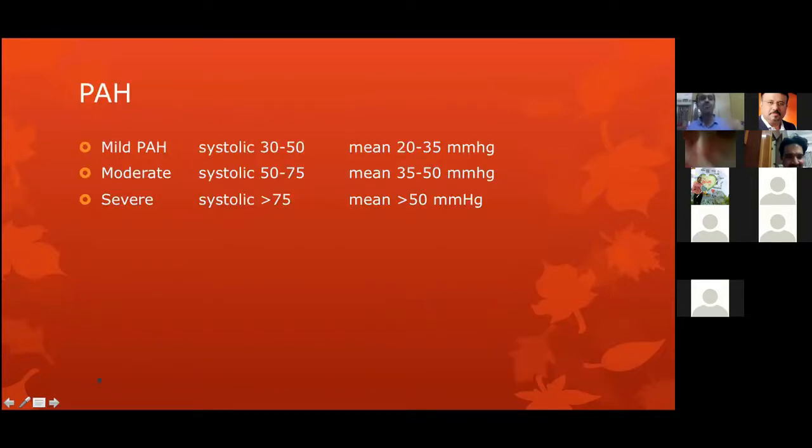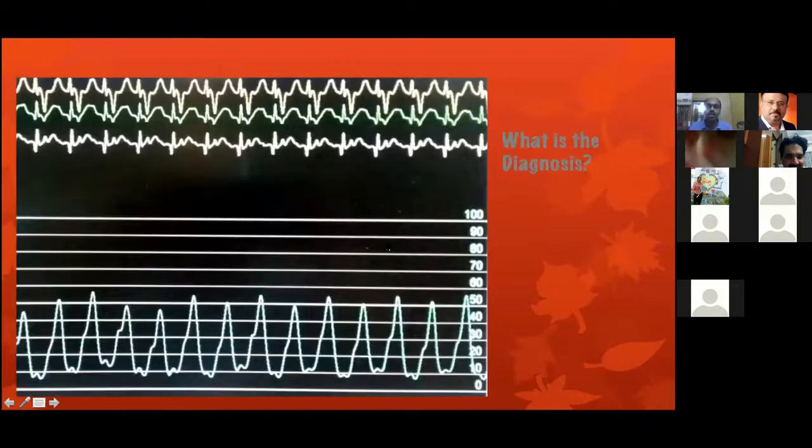To classify mild, moderate and severe pulmonary artery hypertension, the mean pressure is 20 to 35, 35 to 50 and more than 50. Some textbooks use 35 to 45, but whichever it is, you just need to understand the principles. That is mild, moderate, and severe pulmonary arterial hypertension.